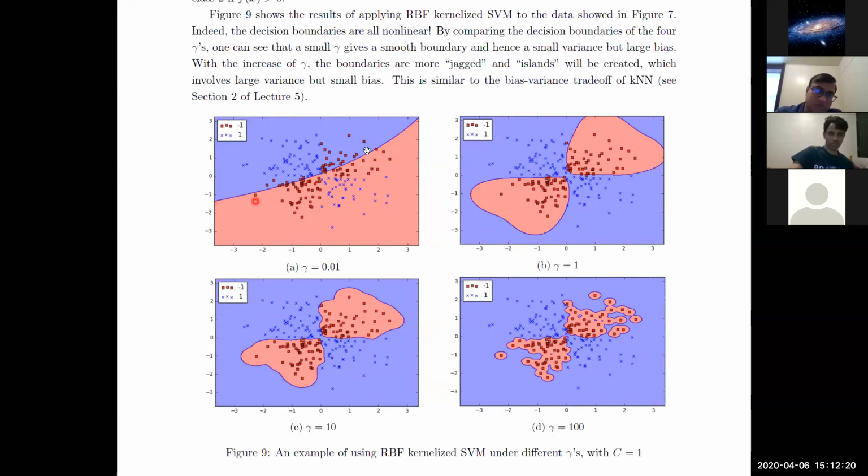In the beginning, it is not curved. This gives us a very smooth boundary. Smooth is good, that means it's very reliable. However, this also has a problem: I have a lot of mistakes. You can see so many misclassifications.